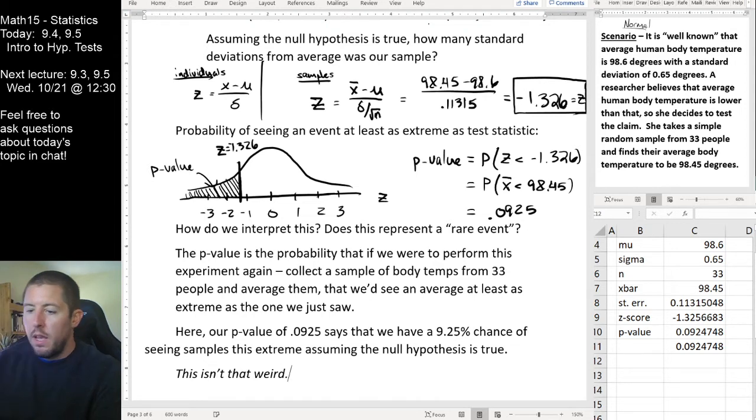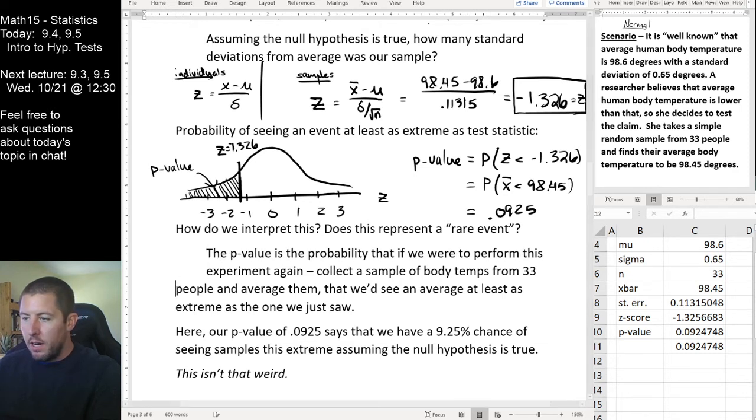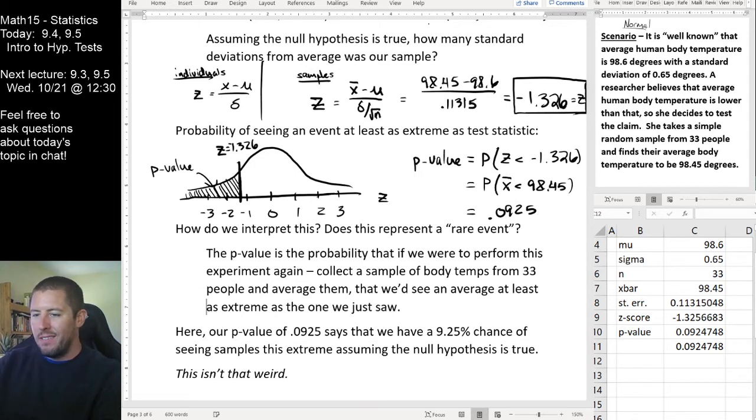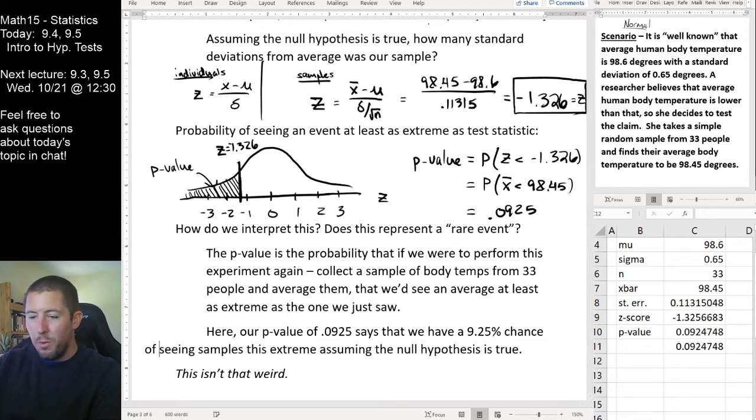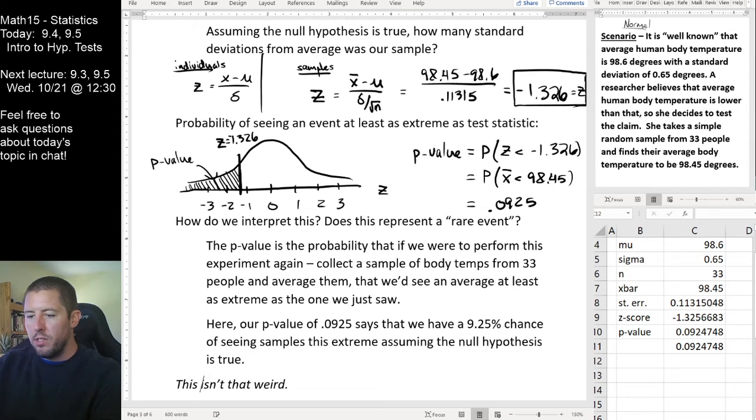And what I want to softly conclude here, this is my soft conclusion, is that this is not that weird. Seeing an observation that is likely to occur almost 10% of the time is not a very unusual situation. This is a pretty typical type of result right here. This is not that weird.